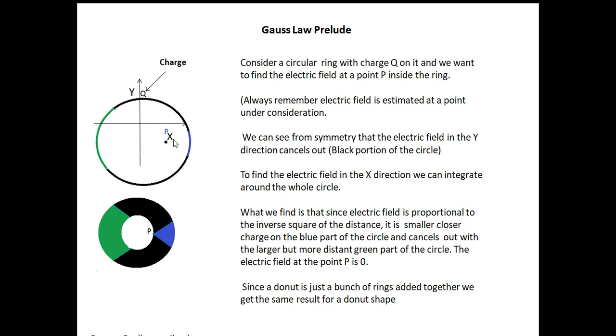Now this has shifted. This is the x-axis and this is the y-axis. I'm sorry for this. This is my point P. This x is basically for the x-axis. Now we can see from symmetry that the electric field in the y direction cancels out, because what happens, this entire figure is shifted, this should be extending here.